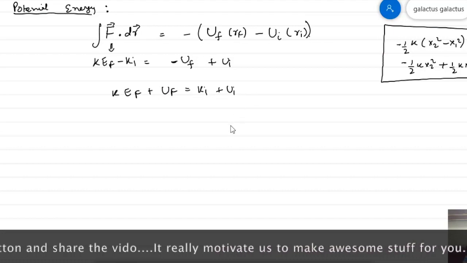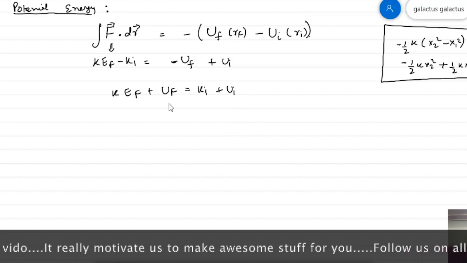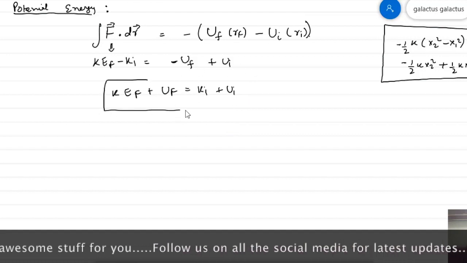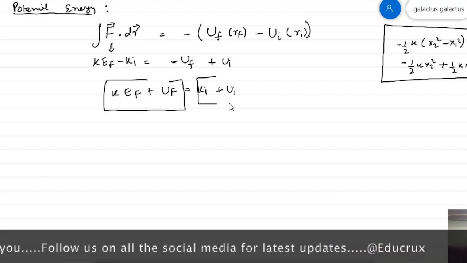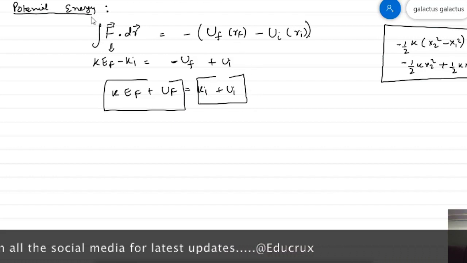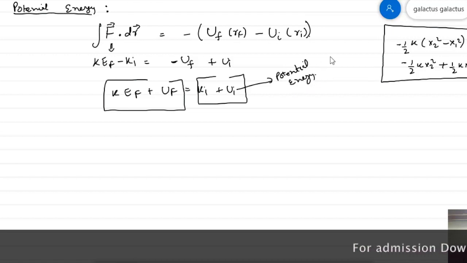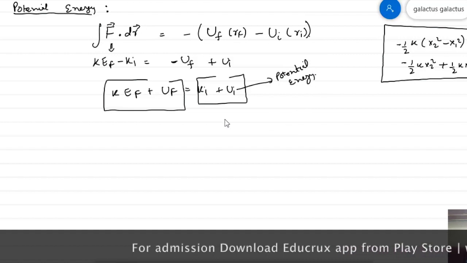So in case of conservative forces, this sum remains constant. This U is my potential energy, an energy that is due to the configuration or the position of the particle at an instant.